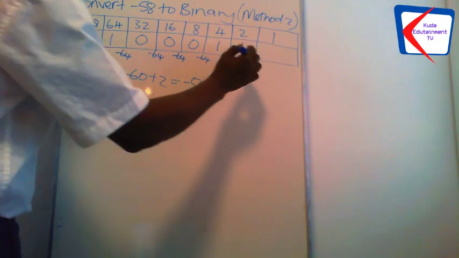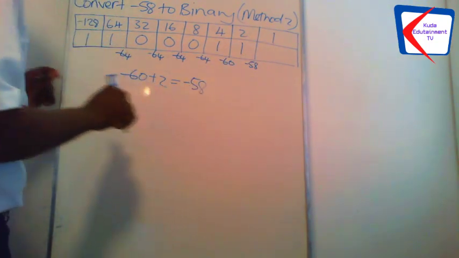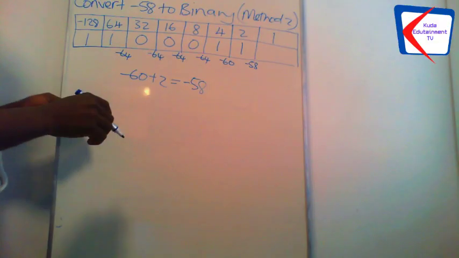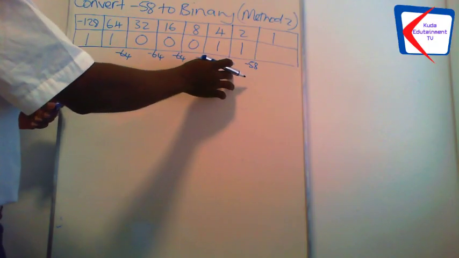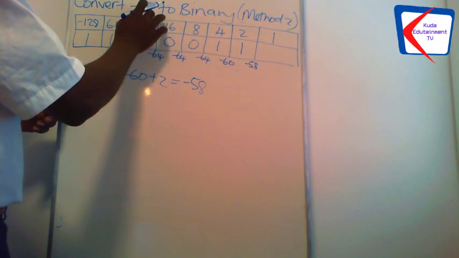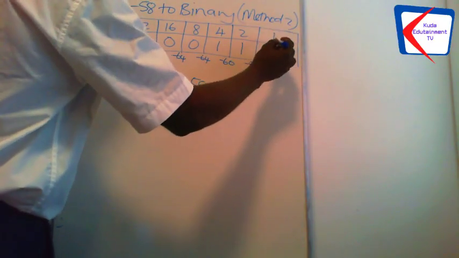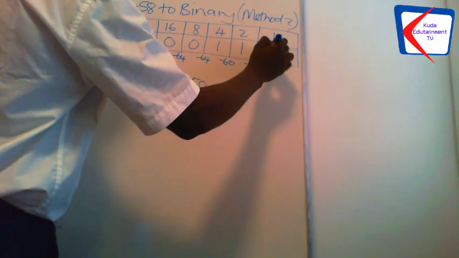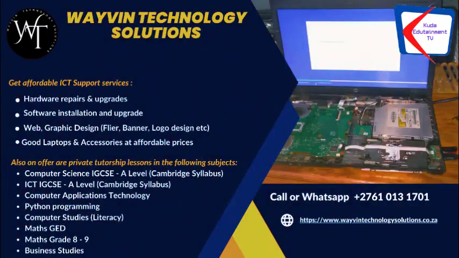Then we now have negative 58. Negative 58 plus 1 will become negative 57, which is greater than negative 58. So we simply switch off binary unit 1.